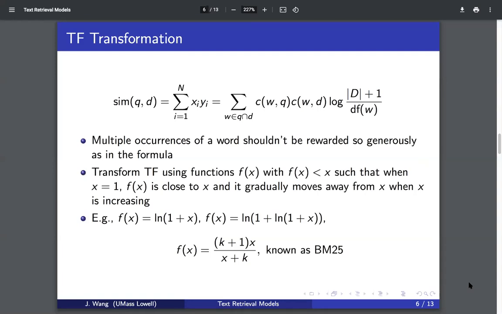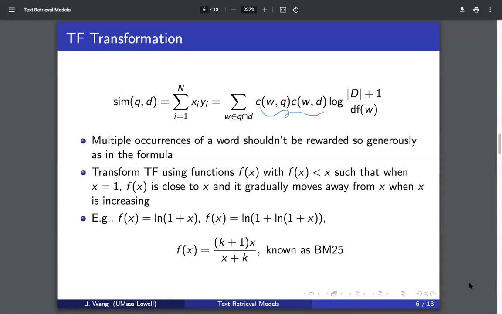Now we're going to put things together, put the word counts together. By looking at the word count, this part you can think of as a dot product.